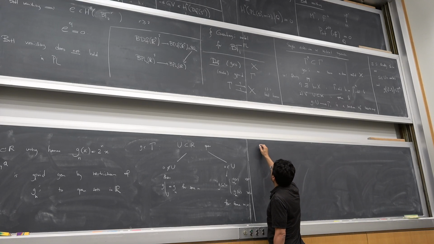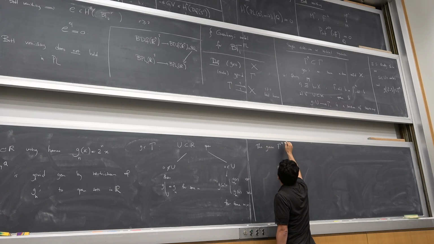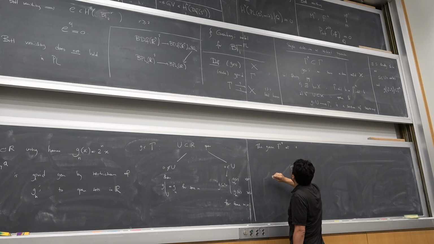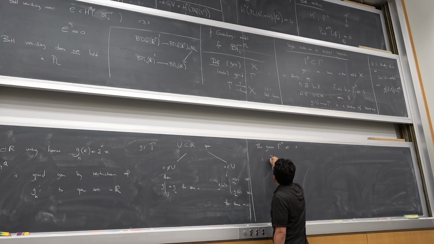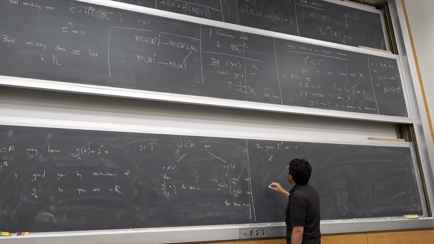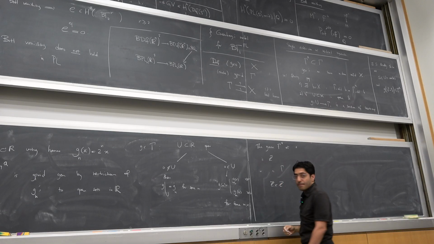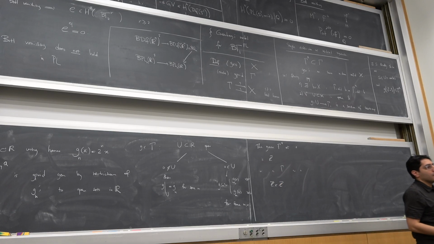You see the germ of gamma A at the singular point 0 is basically the group Z. And the germ of gamma at 0 is Z times Z. Okay?